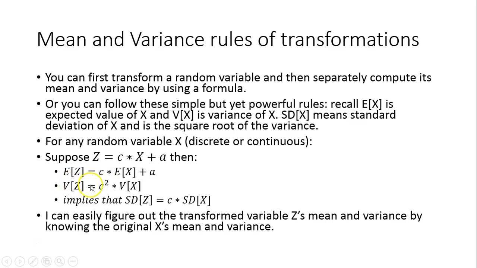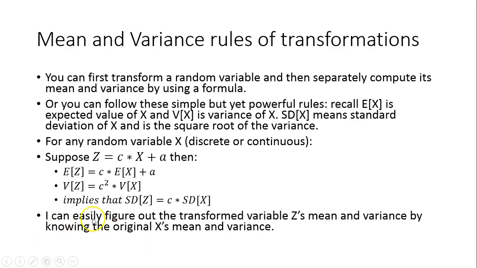And the variance of z is c squared times the variance of x. So if I know what c and a are, that means I know the transformation formula, and I know the expected value and variance of x. I can get you the expected value and variance of z for any distribution. So this is very powerful.